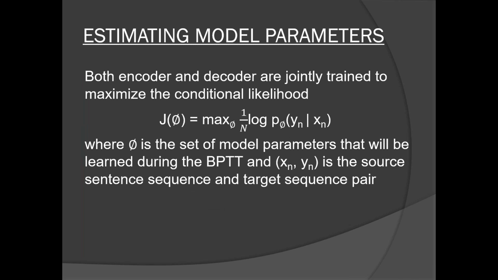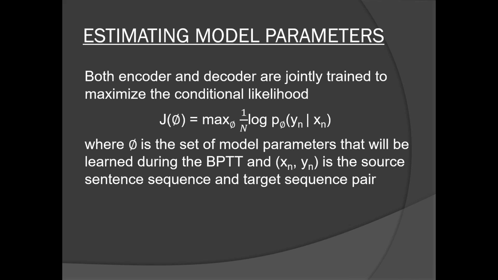How do we merge both the encoder and decoder parts? We use a parameter, J of phi, a mathematical equation which merges both. Actually, it is a conditional probability used to set the values for each word, get to know its meaning in both languages and show its importance in numeric values.